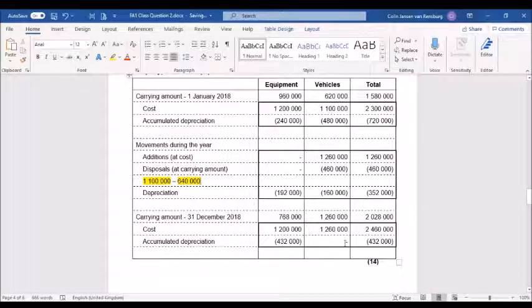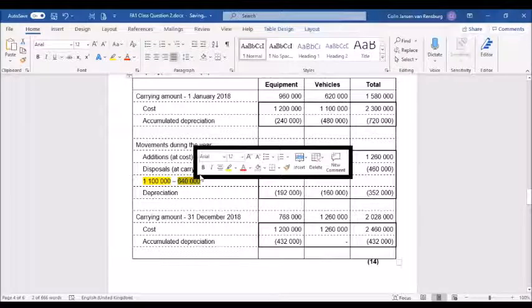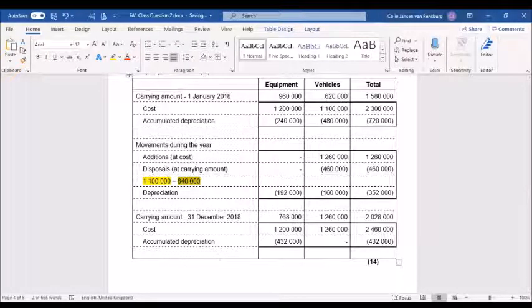So to get to that zero that we've got there, we started with an accumulated depreciation at the beginning of the year. We added the depreciation expense for the year, but then we had to go and deduct the accumulated depreciation, that's 640,000, on the item that we have disposed of during the course of the year, right? So that is how we got to that zero. Does that answer your question there?